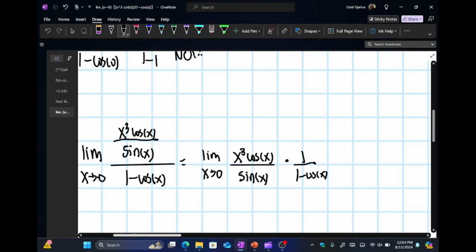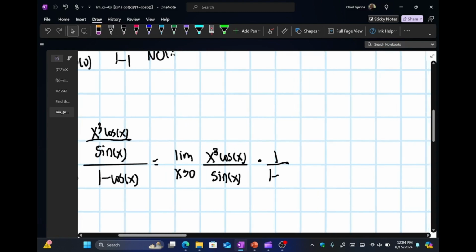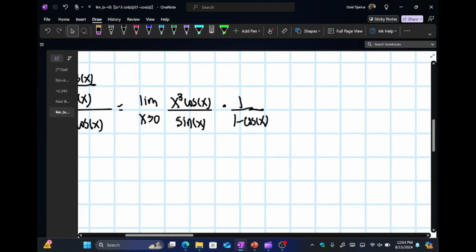You just have to understand, guys, the division rule of two fractions. So really, we have the limit as x approaches 0 of x cubed cosine x over sine x times 1 minus cosine x.